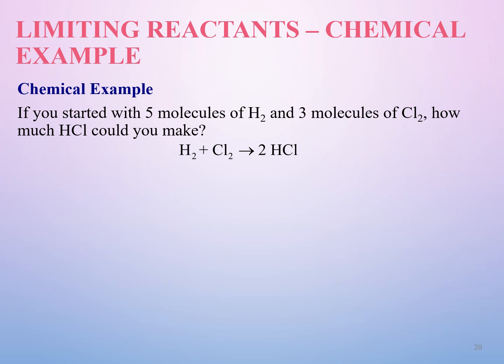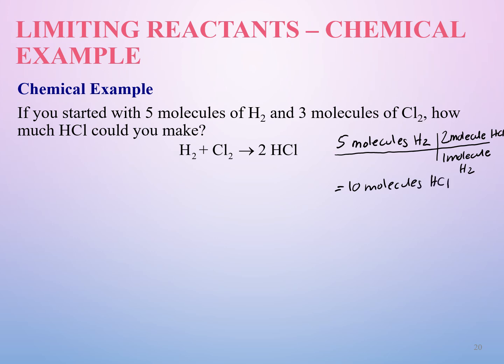So if I do 5 molecules of H2, and I know that 1 molecule of H2 can make 2 molecules of HCl. Okay, so that would give me 10 molecules.